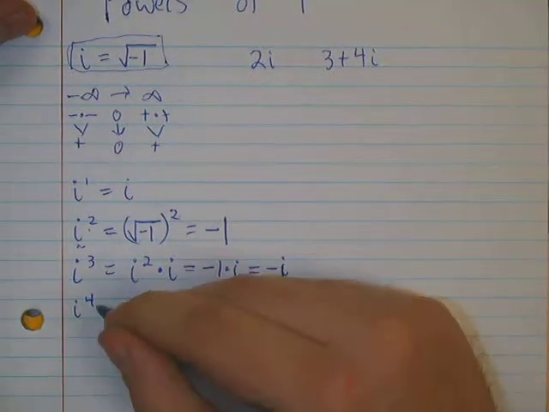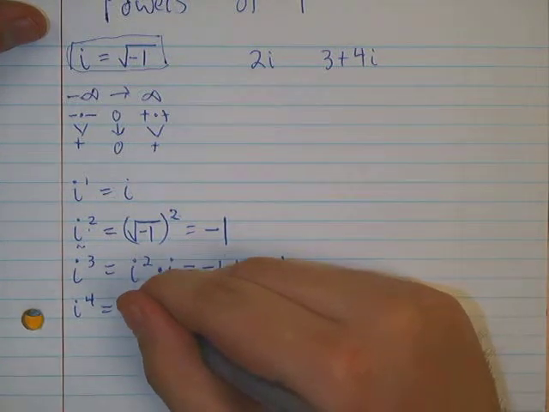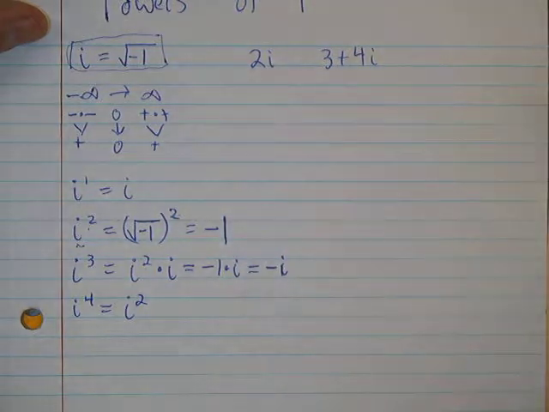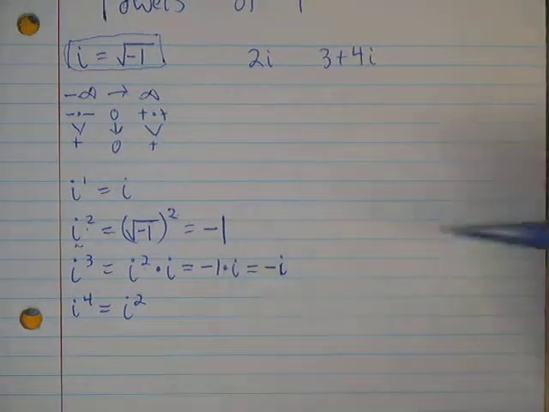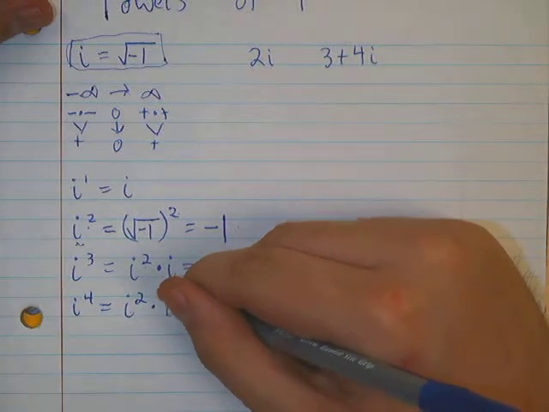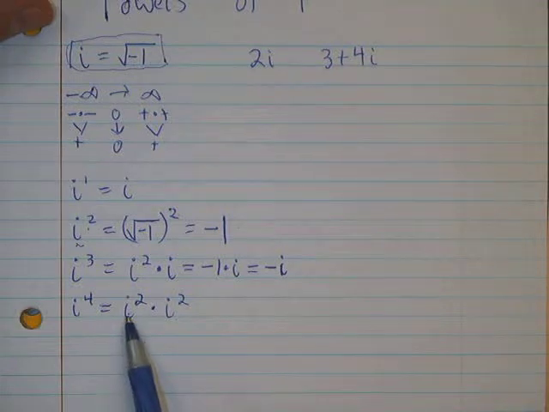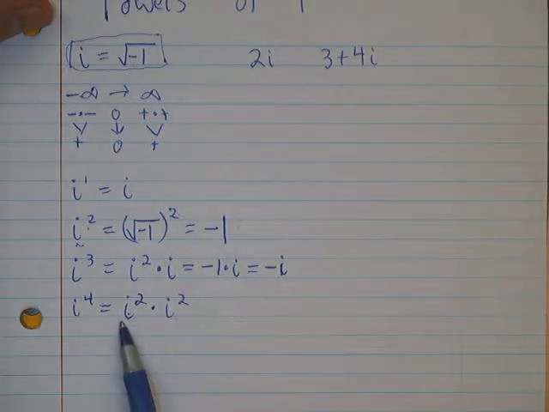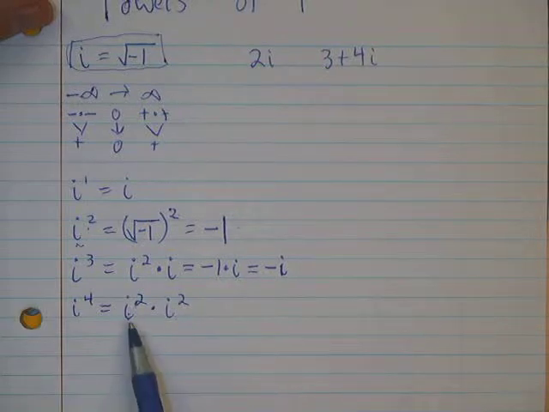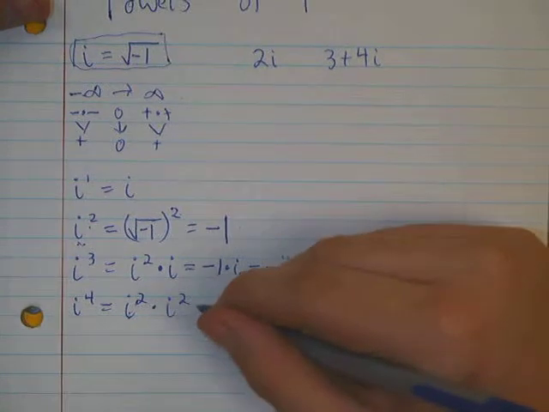And lastly, we have i to the fourth, which again, I'm going to break up like I did up here, using i squared. Because i squared is a nice number that I know how to deal with. It's a real number. So I have i squared times i squared, because when you multiply things with the same base, like i and i, you add the exponents.